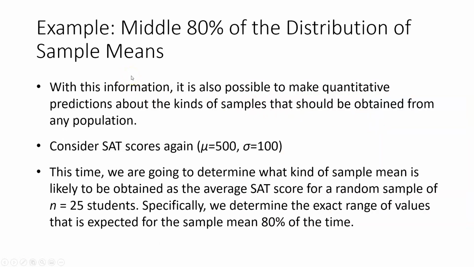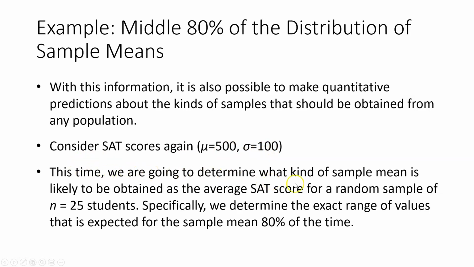Let's walk through an example of what we can do once we know how to compute the z for a sampling distribution. With this information, it's also possible to make quantitative predictions about the kinds of samples that should be obtained from any population. So let's once again consider SAT scores that have a mean of 500 and a standard deviation of 100.